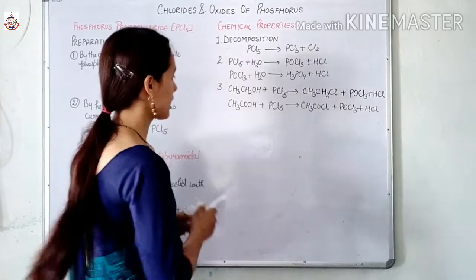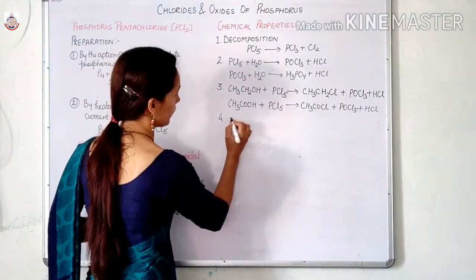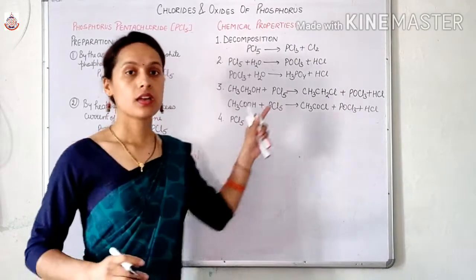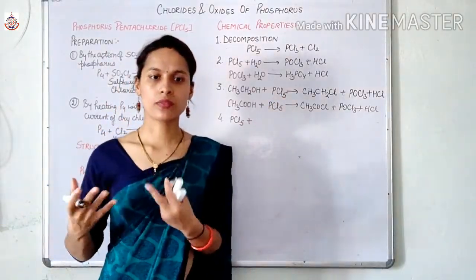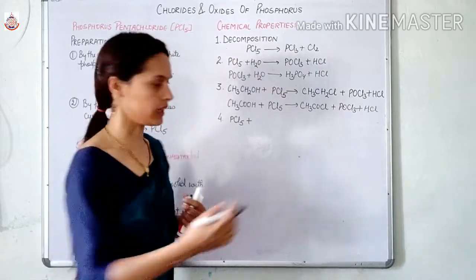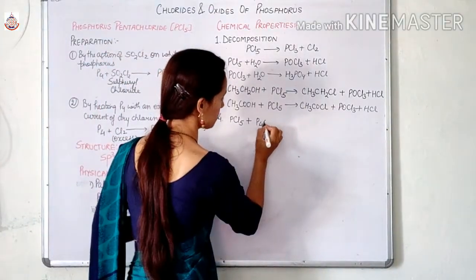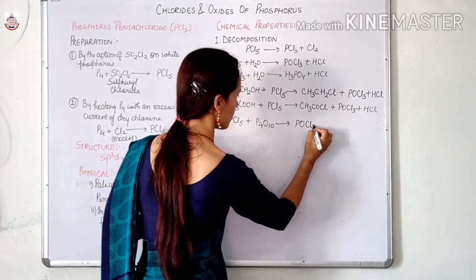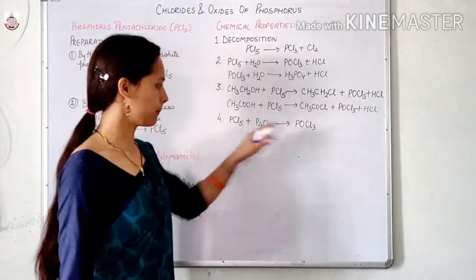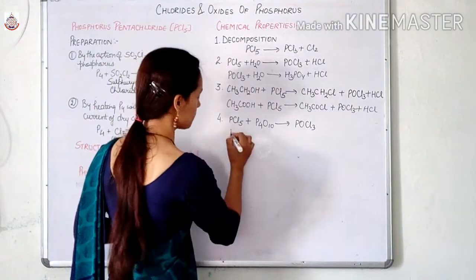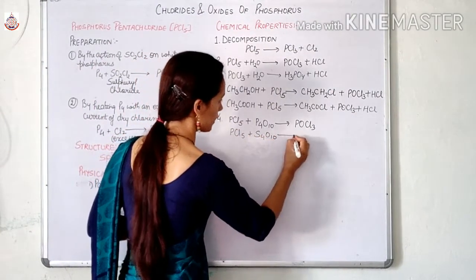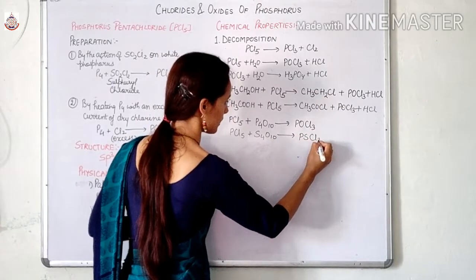Next, the fourth one: when PCl5 reacts with P4O10, then it forms POCl3, and when PCl5 reacts with S4O10, then it forms PSCl3.